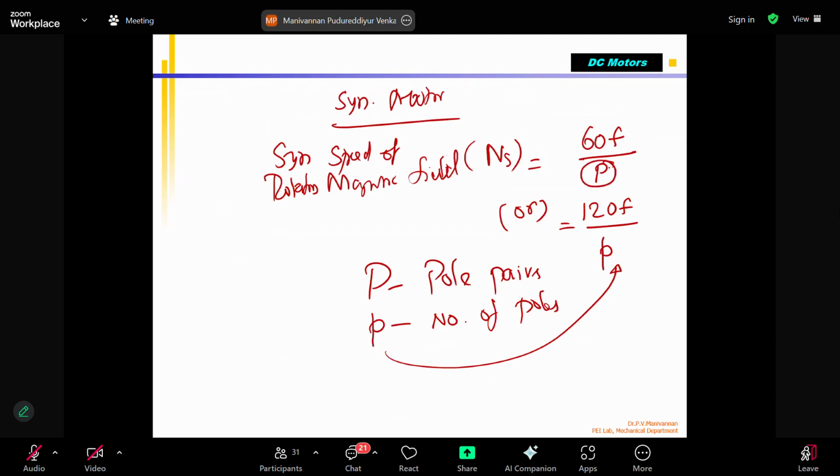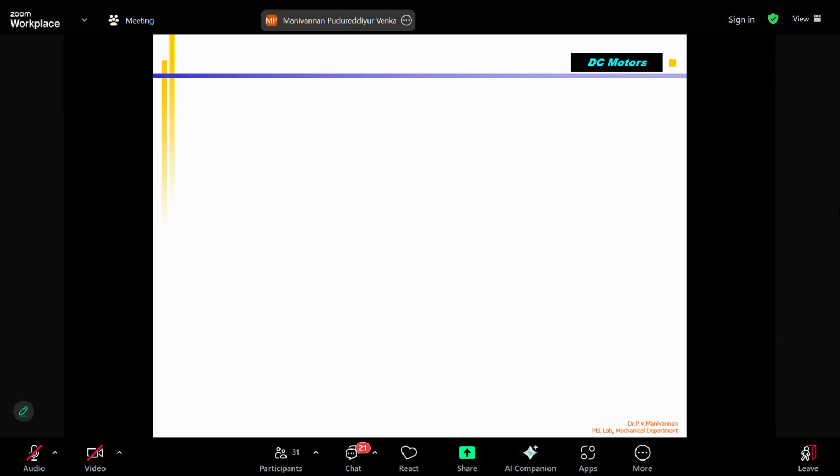If I give 6 poles, divided by 2 this becomes 3 pole pairs, and the formula with 120 uses 6. If you use the wrong formula, you will get the wrong speed, and since you base the other calculations on Ns, everything will become wrong and you will get zero marks. Careful. You can use either one, but you should know which is which. Read the question, then you will understand.